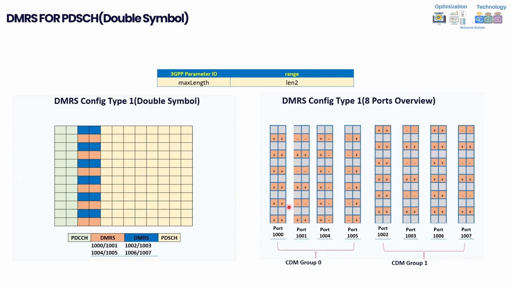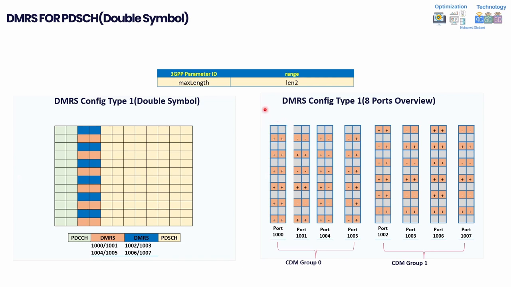However, with double symbol I now have more antenna ports, so I can have more multiplexing and more users in multi-user MIMO. For example, the first user can use rank 2 on the first 2 antenna ports, which will be CDM, code division multiplexed together. Then the second 2 ports, 1004 and 1005, can also be used for a second user, and so on. So in this case, we can have 4 users with rank 2 allocated for multi-user MIMO.